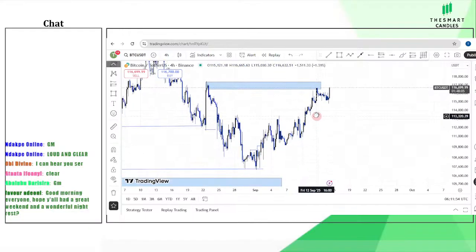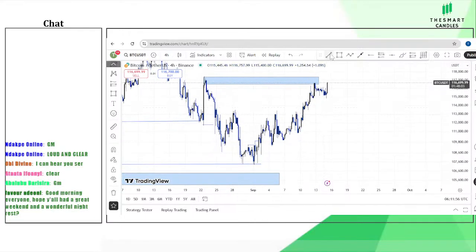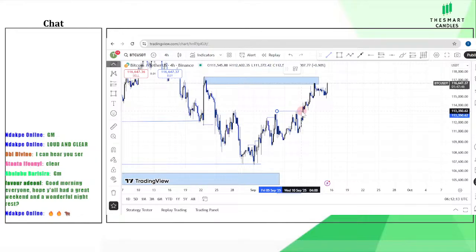After that break of structure, we have another break of structure at this point, and another major break at this point here again to the upside. This is the last break of structure we have up here.